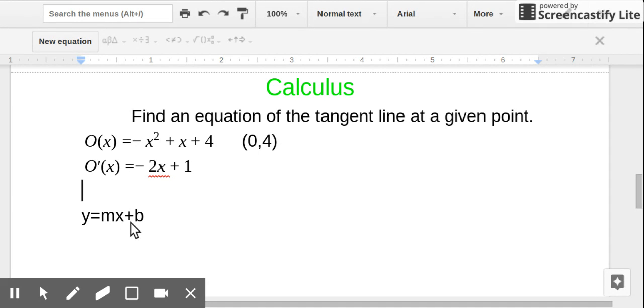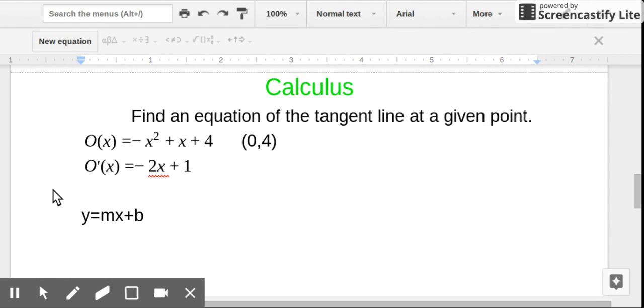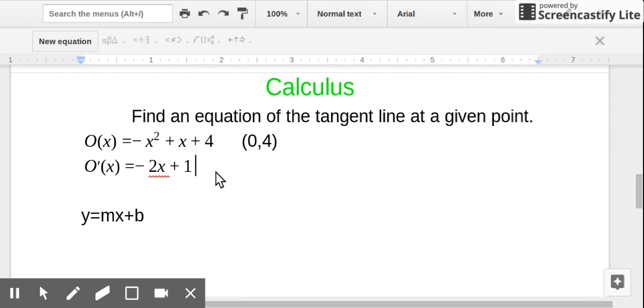Now, I think we used the, well, that's the goal right there. I just noticed something. We need to find what m is, and I could actually say m is equal to, this may not be appropriate, but we're going to do it anyway.